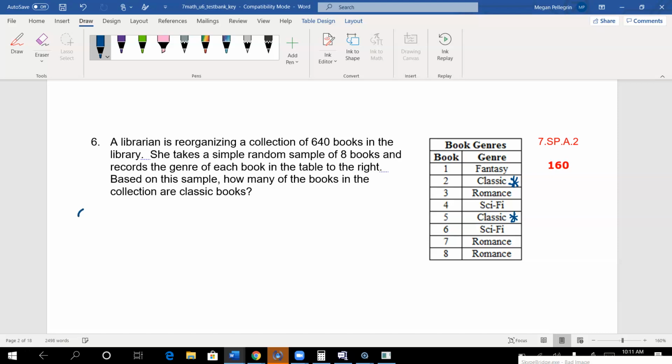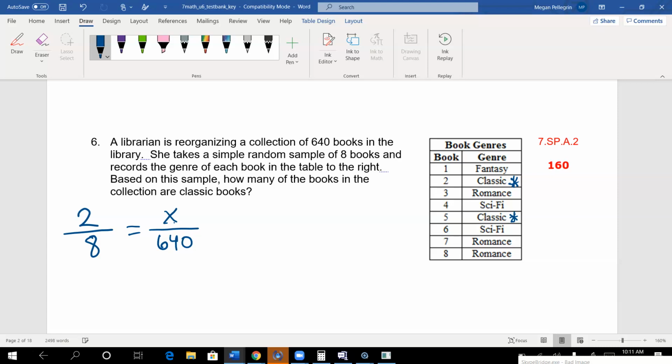So we can write that as a fraction. 2 out of 8. We want to know how many out of the 640 total books were classic.